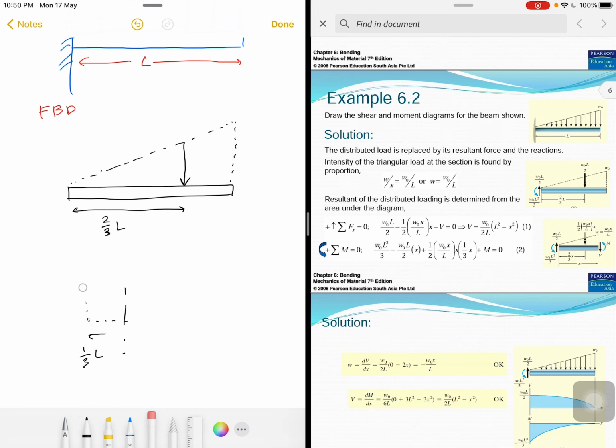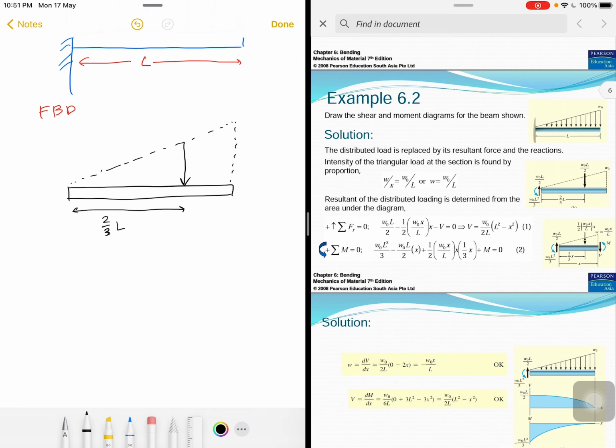Okay, so we need to understand the free body diagram, what forces and moment are involved in the structure. So this is actually pretty simple, not so many forces and moment involved.